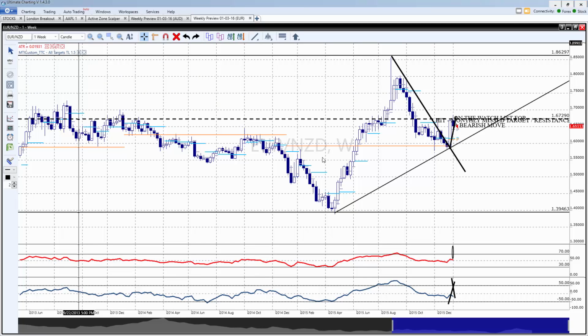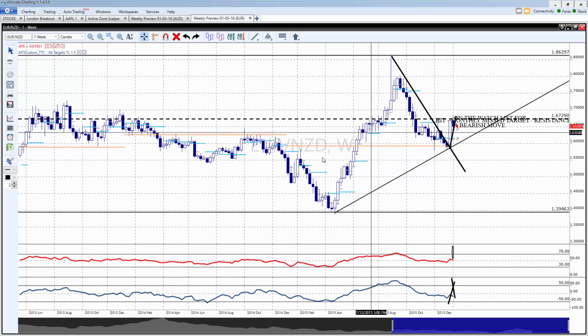Nothing much going on weekly on this candlestick pattern.